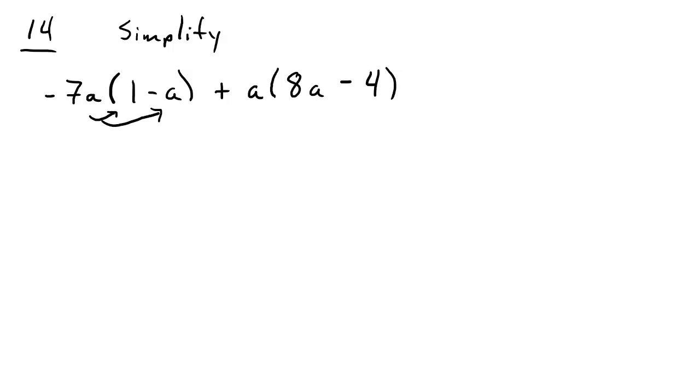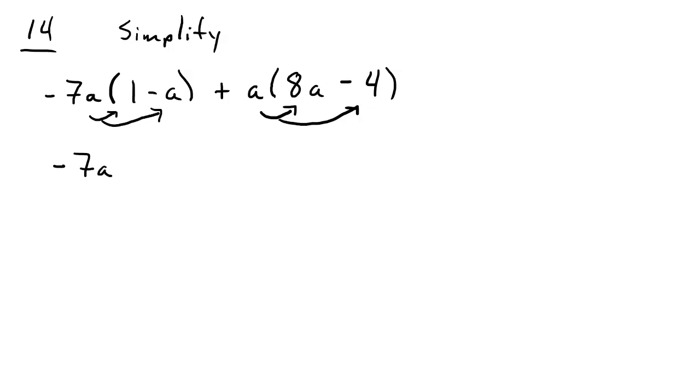So the first thing we're going to distribute is the minus 7a, and the second thing that we're going to distribute is the positive a. Okay, so let's highlight this first, distribution first. So when we have negative 7a times 1, we just get a negative 7a. However, the next multiplication is where the trickiness might come up.